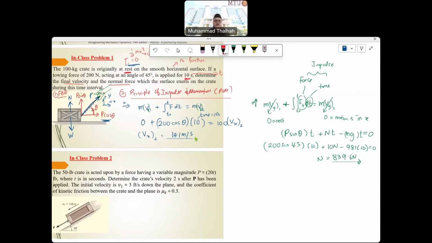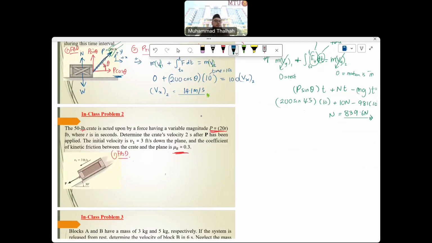All right, guys, are we ready for the second example? Second example is quite similar to the first one. Can the class tell me what are the forces that are involved? Weight, as always. Normal, as always. Friction. Friction, is it going in the A or B?